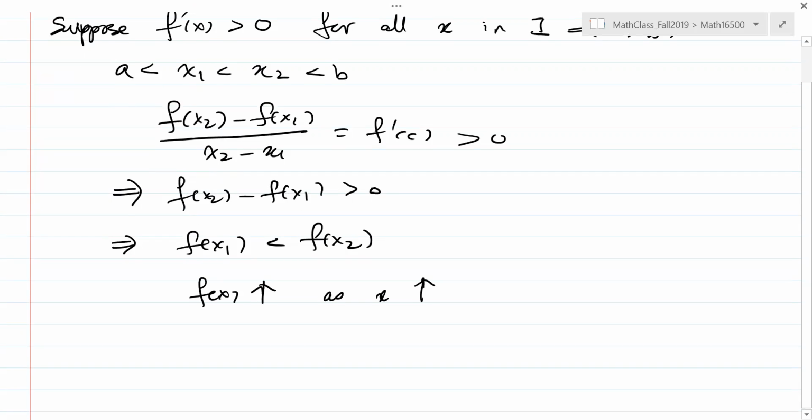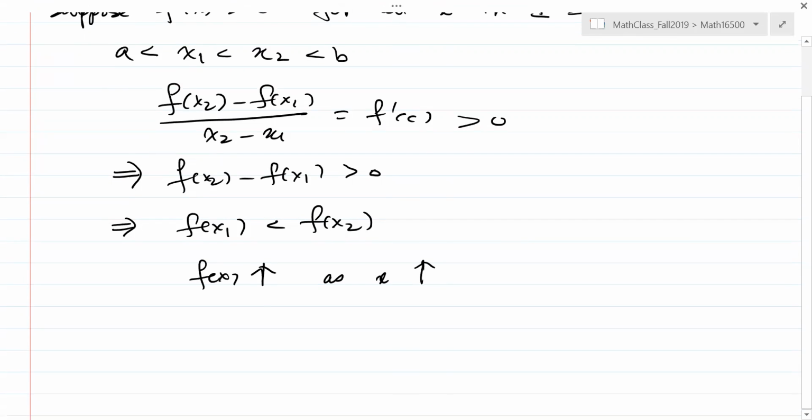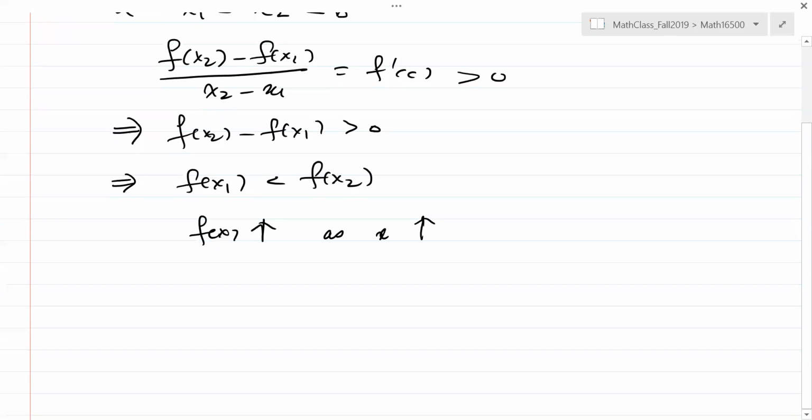So we can conclude the following. We just gave a proof. It's called the first derivative test, or the increasing-decreasing test.